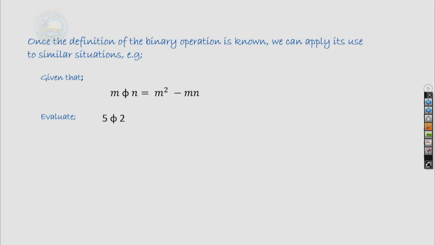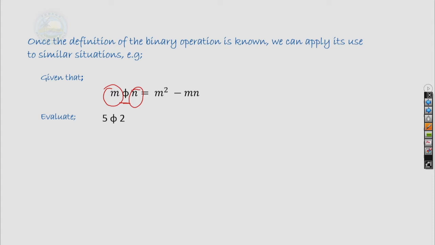Once the definition of the binary operation is known, we can apply its use to similar situations. Here's an example. Given that m, this here represents our binary operation, and the definition of it is that the m is first, in front of the binary operation, and the n comes after the binary operation.